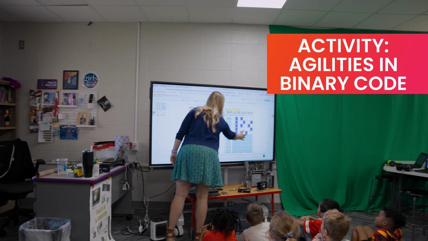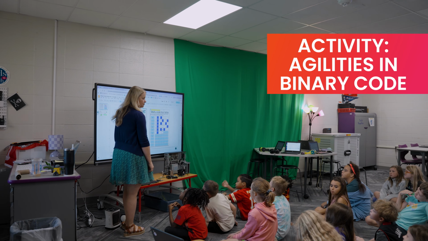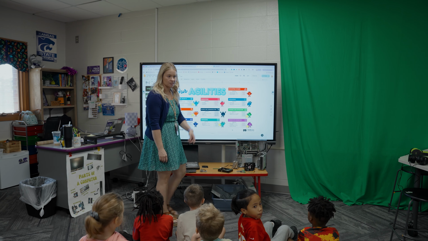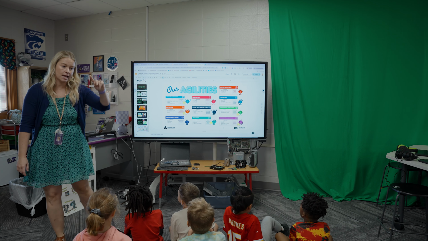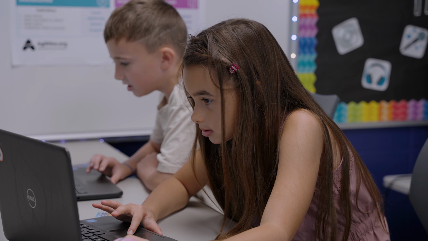We are currently working on computer systems, and this week's lesson happened to focus on binary code, and it was a really, really good opportunity to tie in the Agilities because there were a lot of different ones that were being used. We went over what Agilities we think they would have to use in their assignment, and then once they paired up, they talked about what Agilities they were using during the lesson.